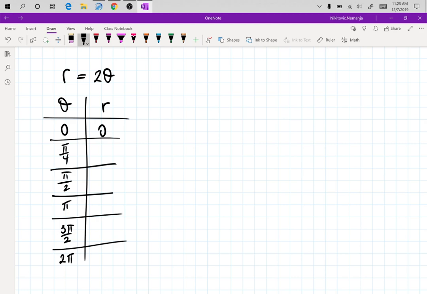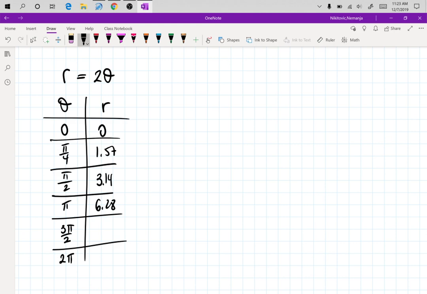Now each one of these will be doubled. We know that pi is 3.14, so this is 3.14 over here, this is 6.28. Pi over 4 gives 1.57. These are the values for your r.